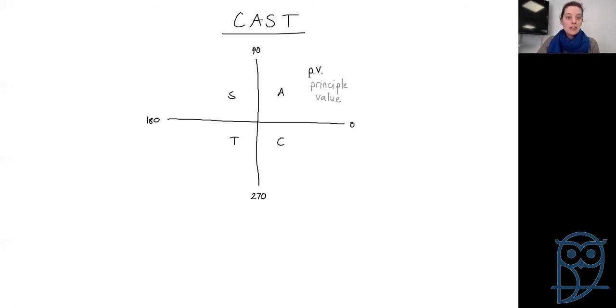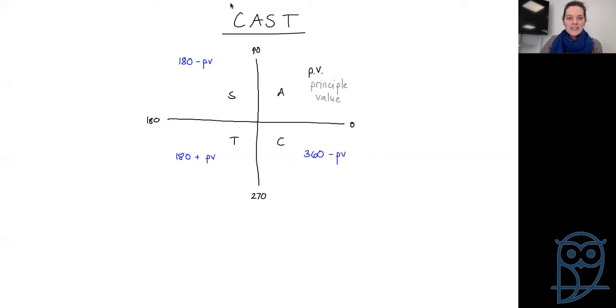So if we're working in degrees, let's say, then for this quadrant, if we wanted an answer in here, we would say, well, we want 180 minus PV. If we wanted an answer here, it would be calculated by 180 plus PV. And if we wanted an answer here, it would be 360 minus PV.